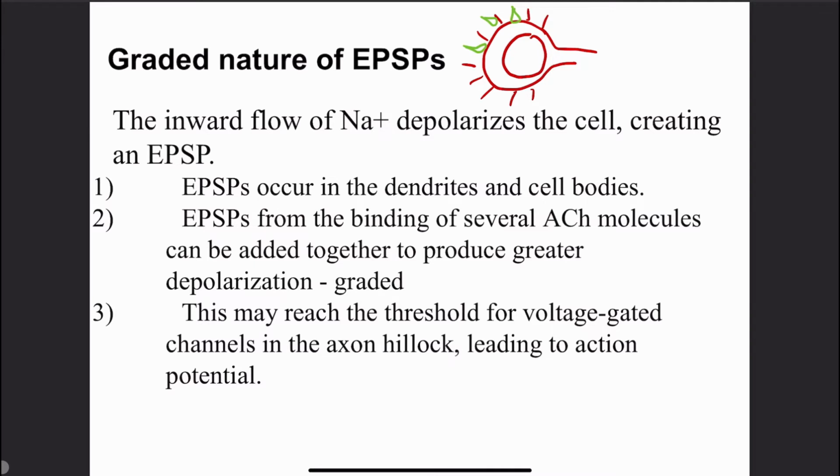And this is considered graded because one EPSP is not going to be able to cause an action potential. It has to be several EPSPs acting together, adding together to produce enough of a depolarization to reach threshold. And this is why it's called graded, because it's adding up together. So if it reaches threshold right here at the axon hillock, then that can lead to an action potential.